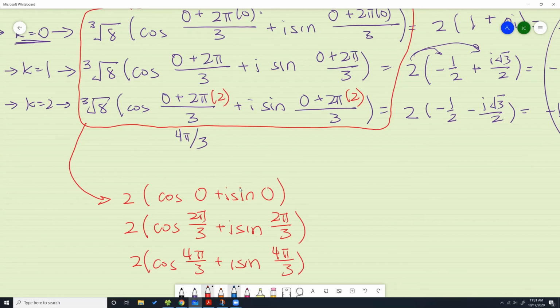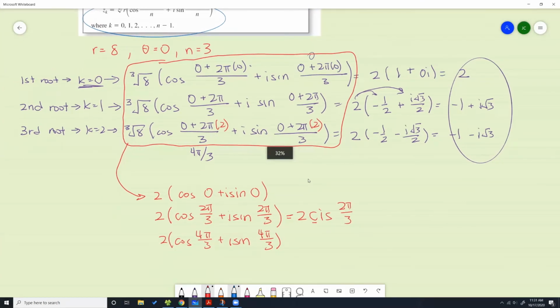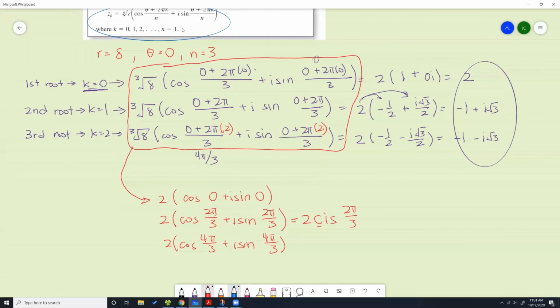And that is it. Maybe your teacher will allow you to write this in an abbreviated way. It's called cis, and it stands for cosine plus i sine of that angle. That's for some teachers. Let's definitely find out if you're allowed to.